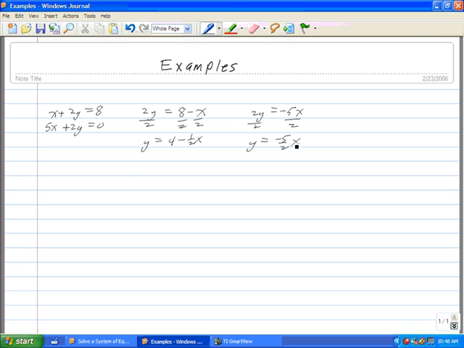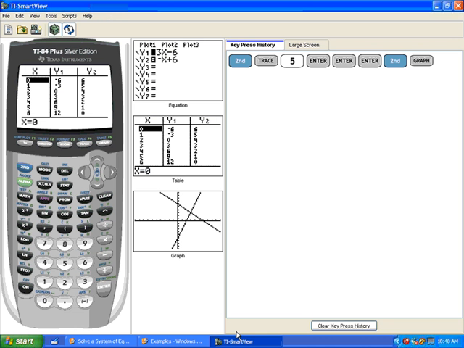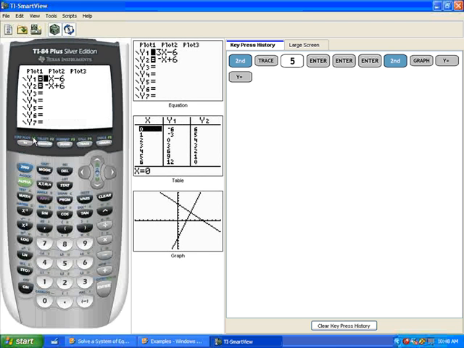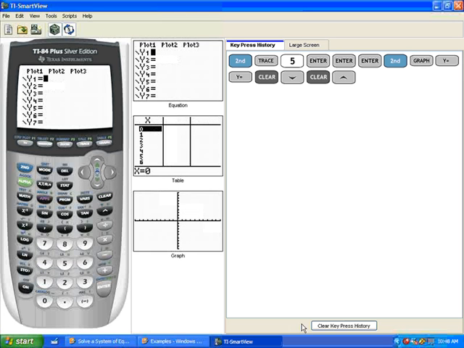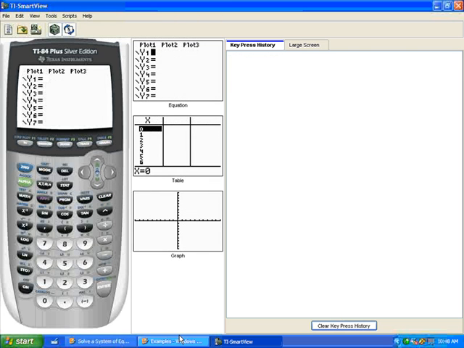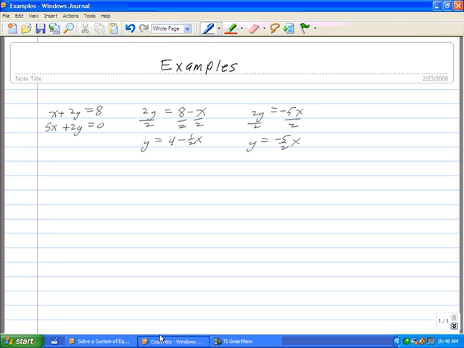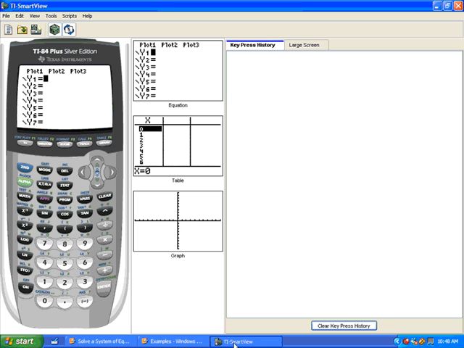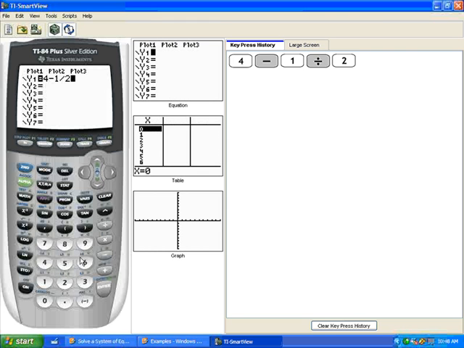So let's put those in. First one, go back to your y equal to, and clear what you had. And remember, our first equation was 4 minus 1/2 x. So we'll put that in. 4 minus 1/2 x. Hit enter.